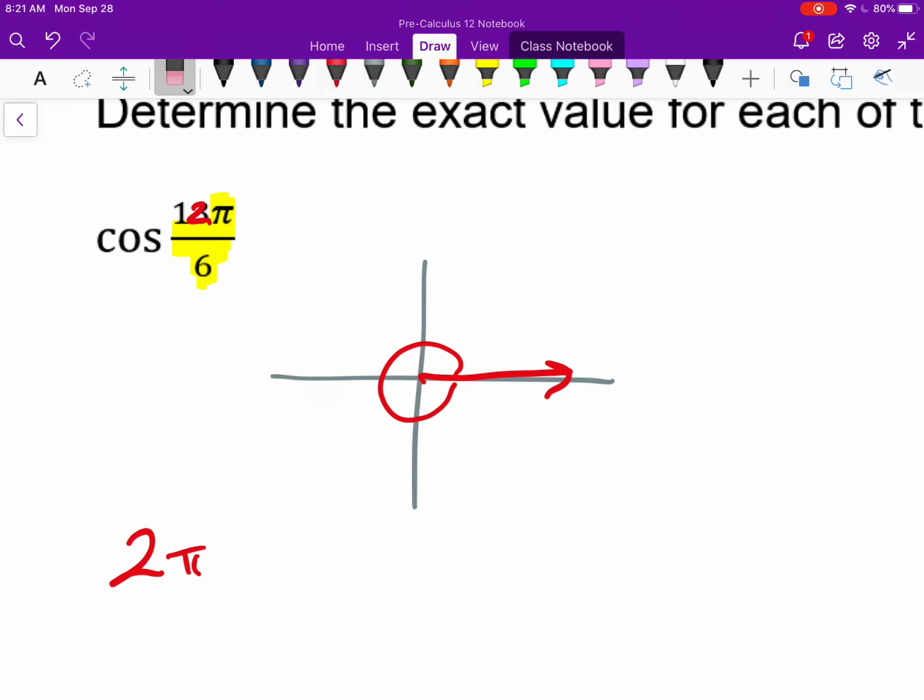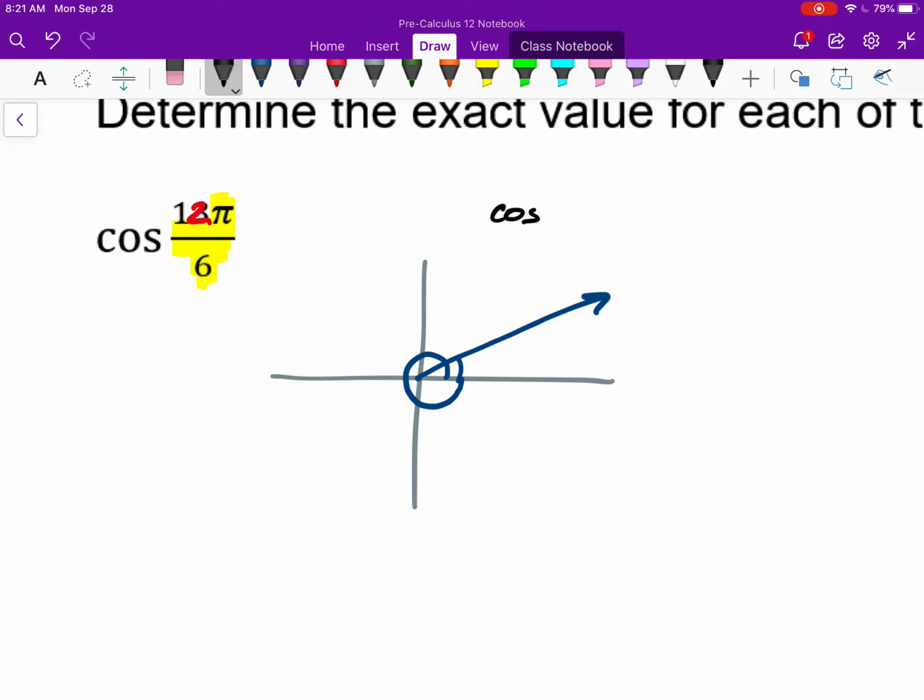So this rotation must start here, go all the way around once, that's 12 pi over 6, plus an extra pi over 6, extra 30 degrees. So I don't really need to convert to degrees to know where this is fairly quickly. Now I know it's in the first quadrant, and I know the cosine of any angle in the first quadrant will be positive. So I know this is a positive number.